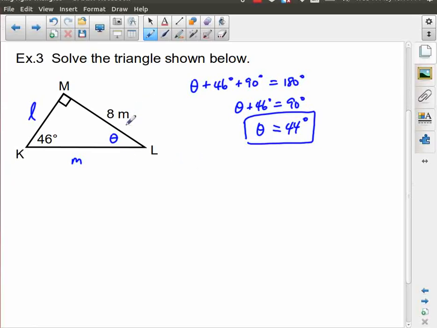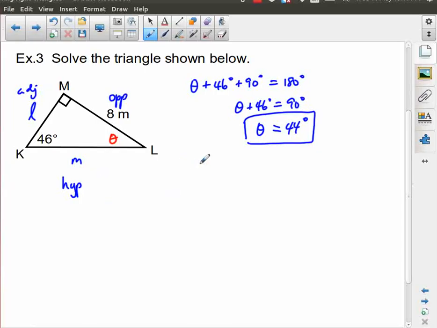So let's talk about sides here, and let's focus on 46 degrees. I think I'm going to change this to a red theta for later when I'm working with opposite and adjacent. So for 46 degrees, here's my right angle, which means that this side m is always the hypotenuse. For 46 degrees, this is the opposite, and this would be the adjacent.